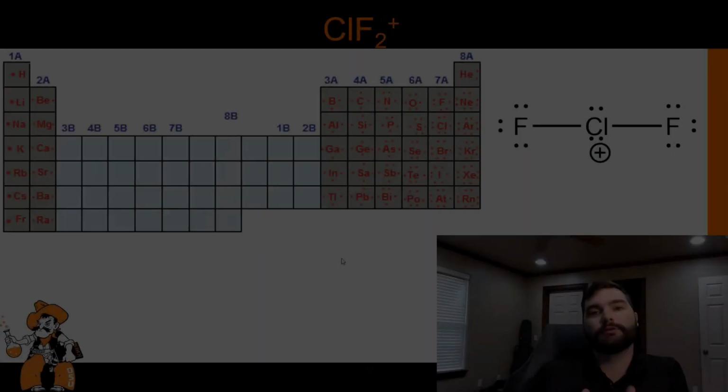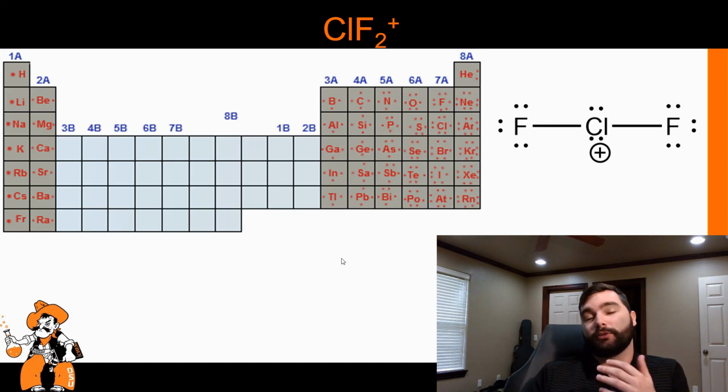Okay, and our next molecule, which is the chlorine difluoride ion, has a positive charge. The positive charge in an ion is going to be placed, 9 times out of 10, on the least electronegative element. So in this case, that would be chlorine.